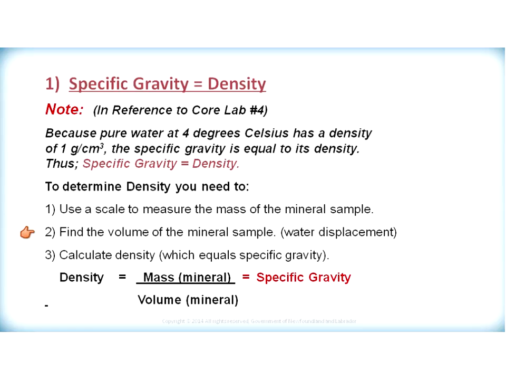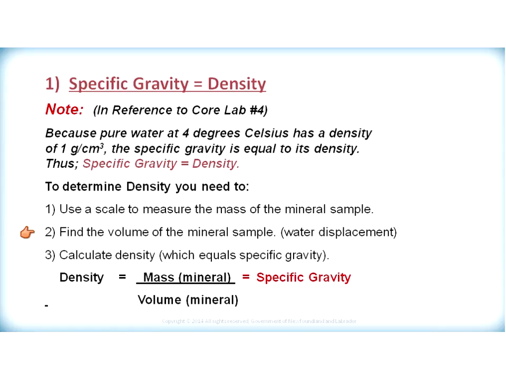We usually find the volume of the mineral sample by a process called water displacement, where you may have a graduated cylinder with a certain volume of water within it, and then you slowly place the mineral sample in the graduated cylinder and see how much the water rises. The level to which the water rises will be the new volume.